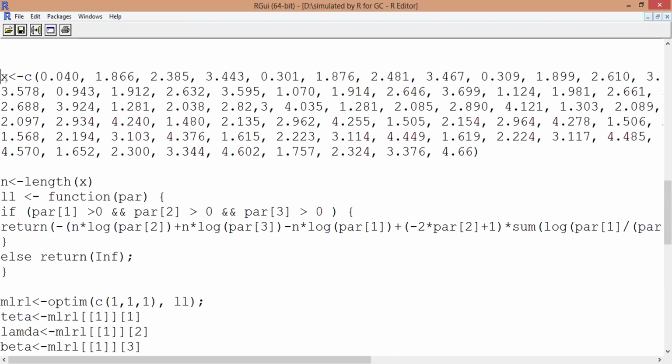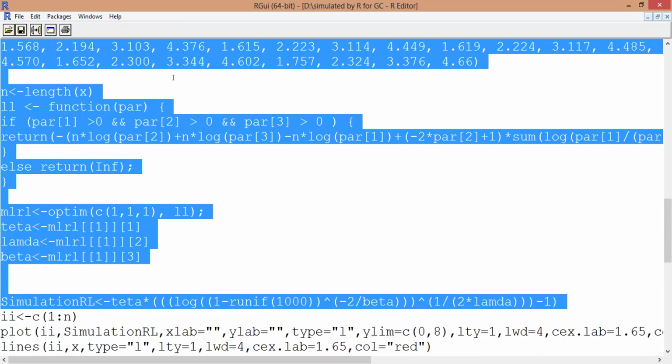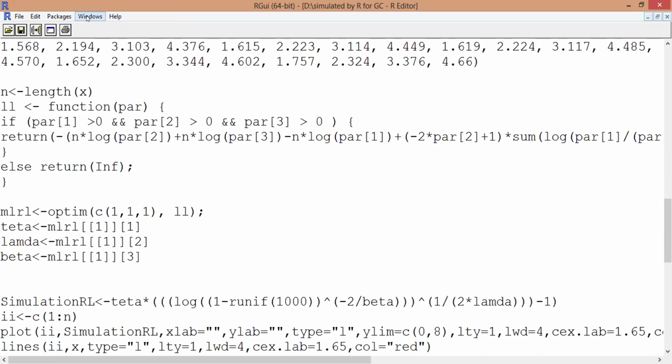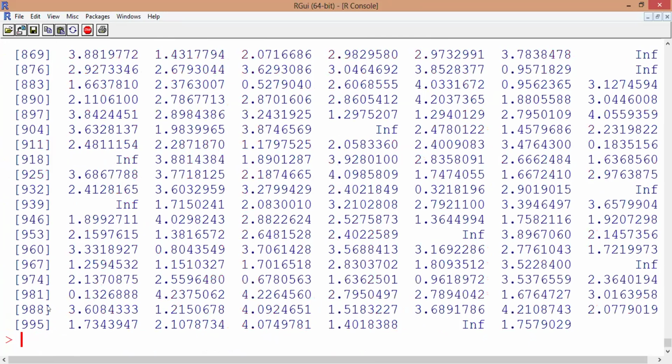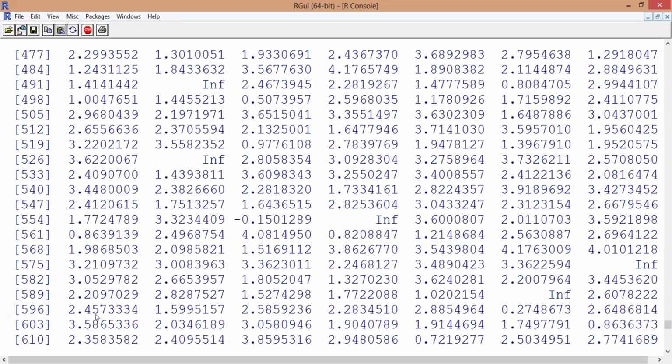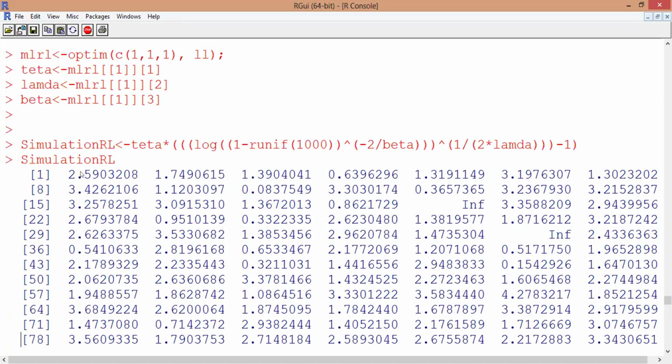We run starting from the data until the simulation, run the programming, and check again. We call the simulation RL, which means Rayleigh-Lomax. This one, you can create the 1,000 data. Okay, it's not important, it's infinity, you can cancel the infinity.